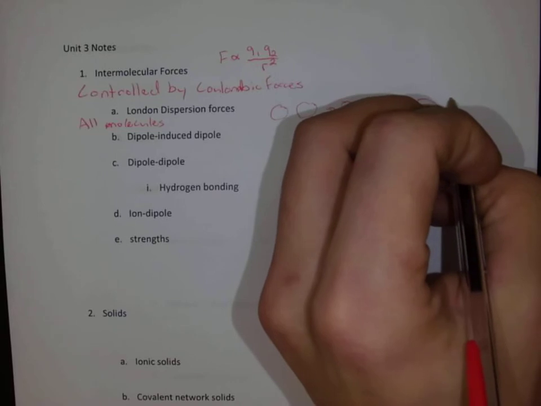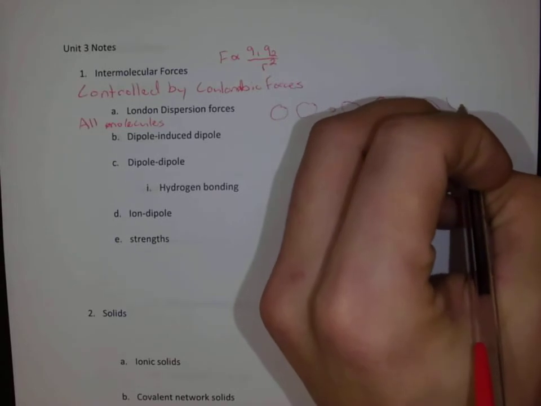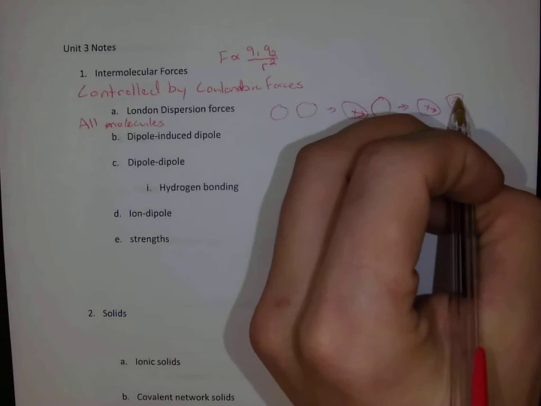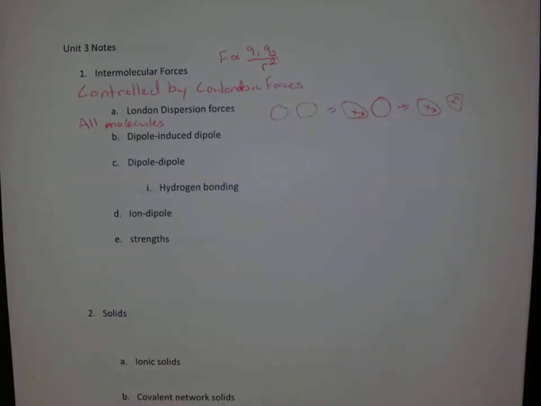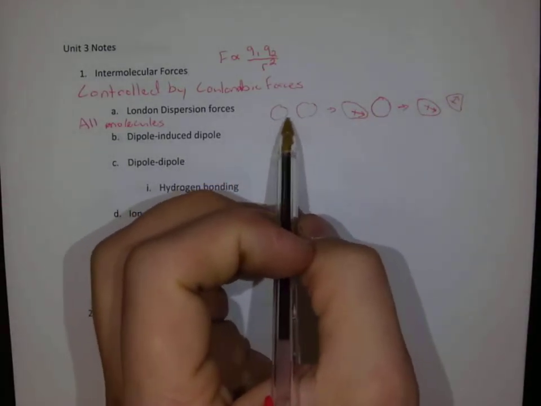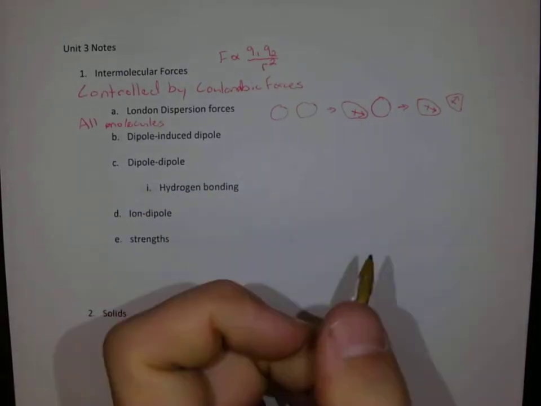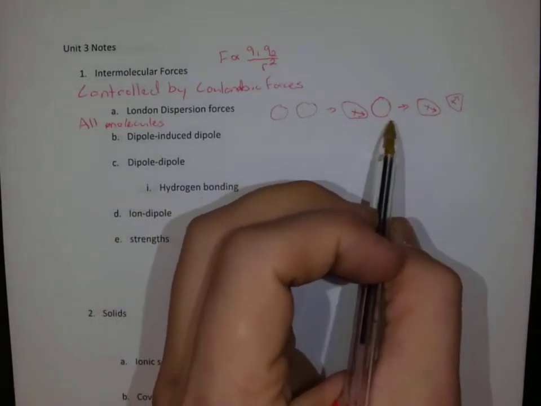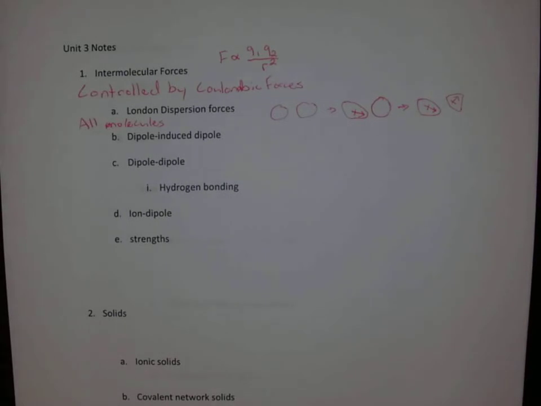It's going to cause the rest of this one to kind of push away, and now all of a sudden our dipole is pointed that way, right? Our electron cloud kind of distorts a little bit due to random chance, and then it forces a change in another molecule, okay? So this is entirely due to just the random movement of electrons, okay?